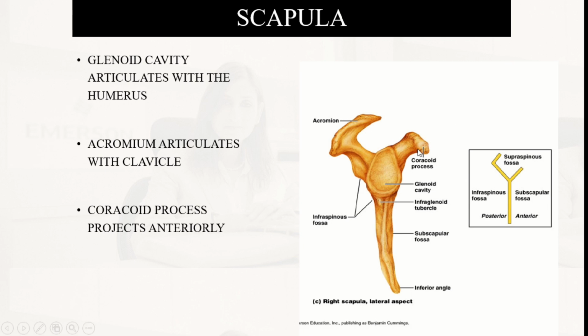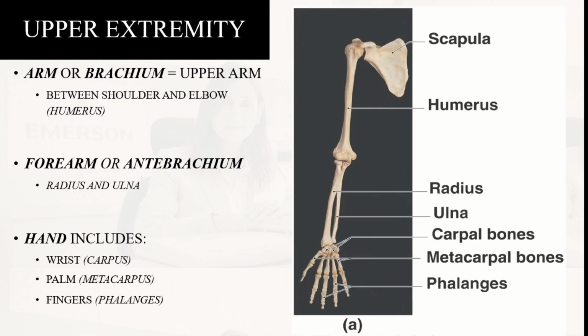Okay, then the upper limb. The arm, or brachium, is found between the shoulder and the elbow. For easy remembrance, where the humerus is, that's the arm. Then the forearm, where the radius and ulna are, is known as the antebrachium.